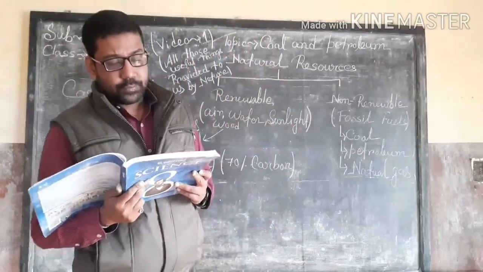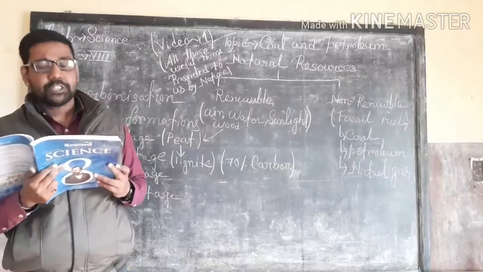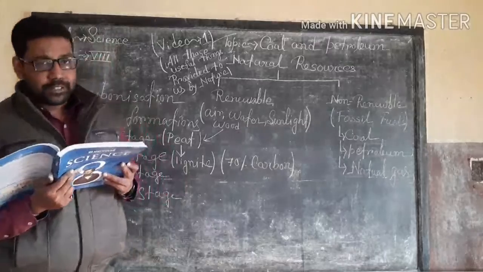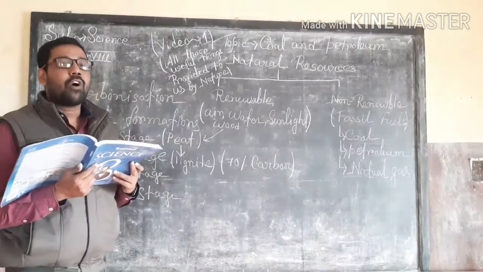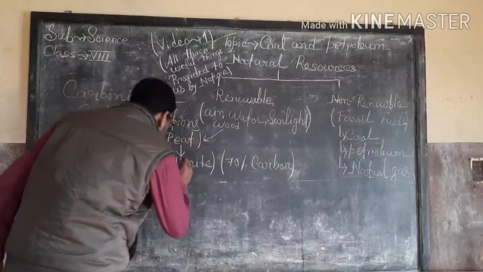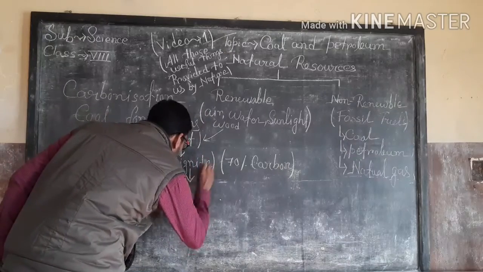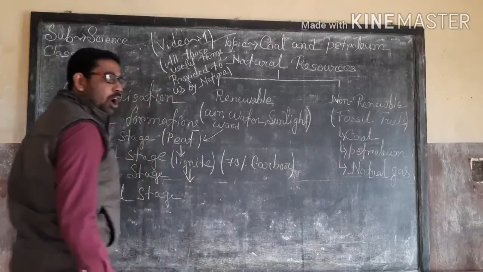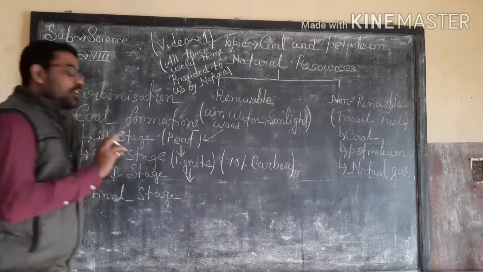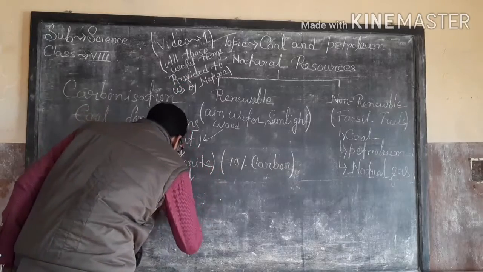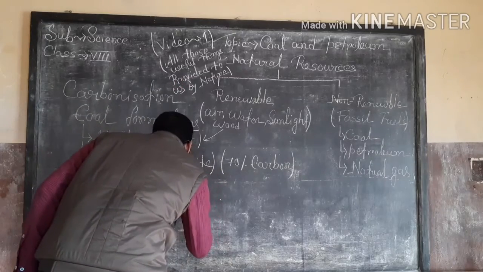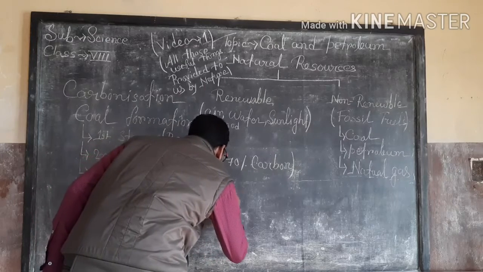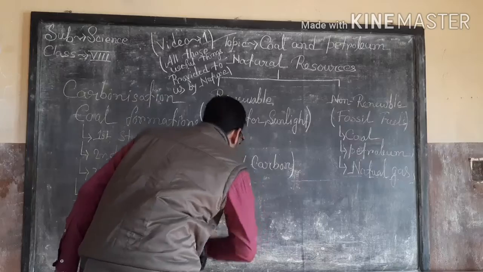In the third stage, due to further compression of lignite, bituminous coal is formed. So from this lignite, in the third stage of coal formation, a new coal is formed. The name of this coal is bituminous.